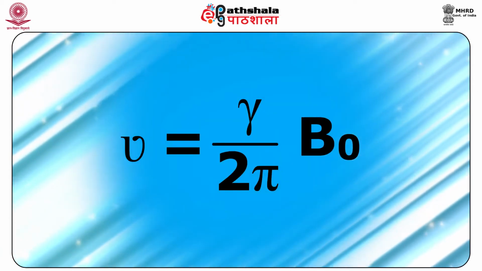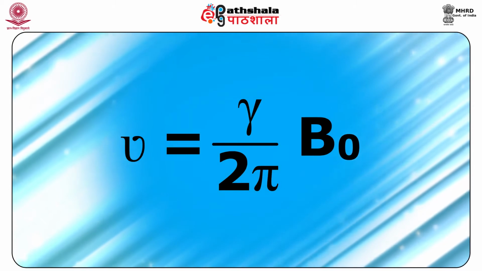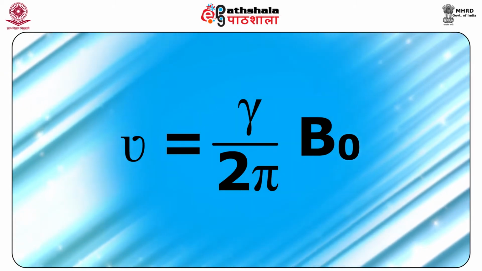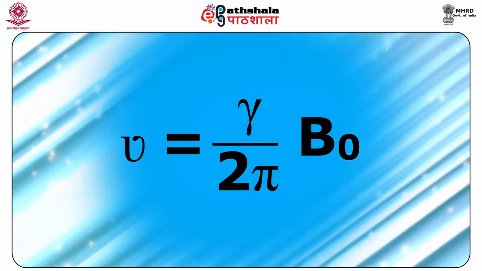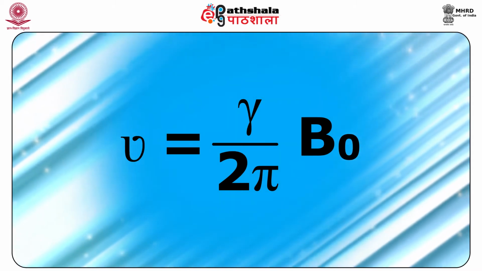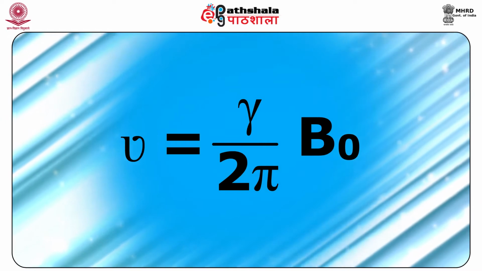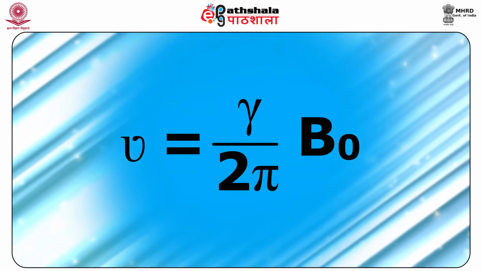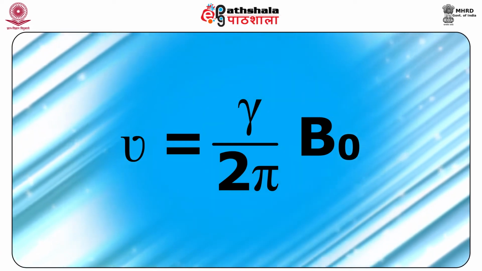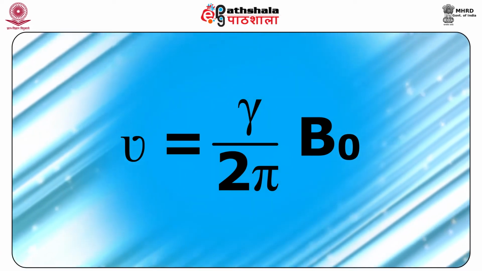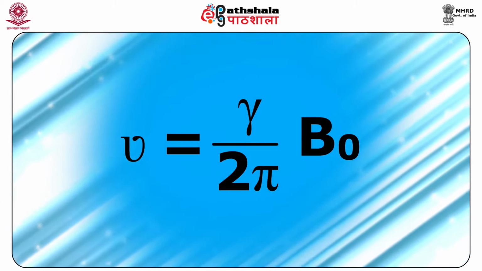The fundamental equation correlates the applied radio frequency with the magnetic field B naught. That is, nu is equal to gamma divided by 2 pi into B naught. The value of gamma depends on the particular type of nucleus, that is the gyromagnetic ratio.